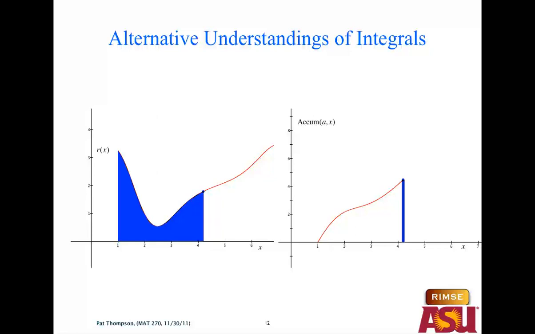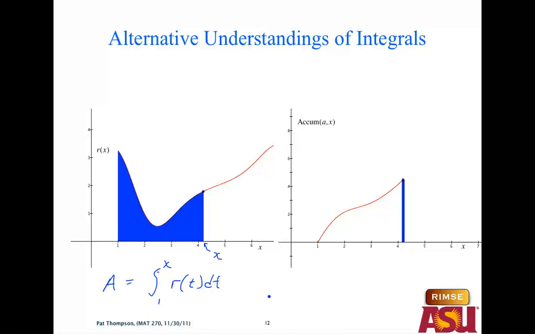So we could see this blue shaded area that I just graphed as the integral from 1 to x of R(t) dt, for x being right here. Does it make sense? Before we do an example, do you follow that?